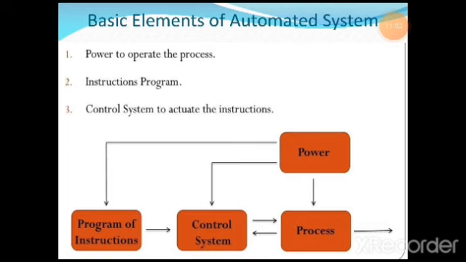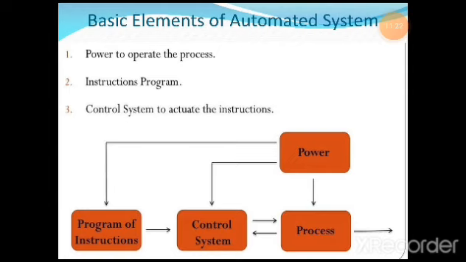The first element you are going to see here is power to accomplish the process and to operate the system. For any machine or any driving system to work, we need electric power. That is why power is the first basic requirement.